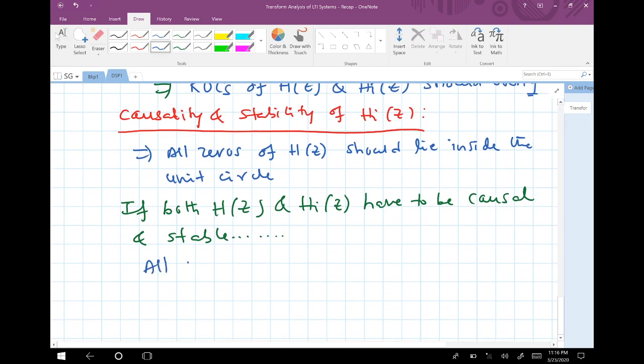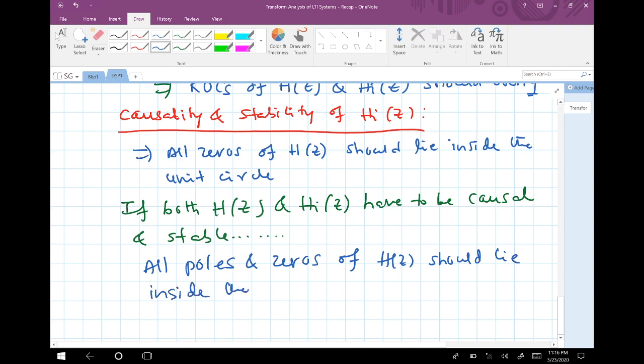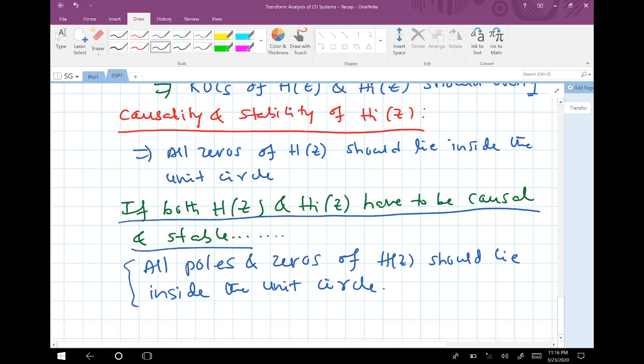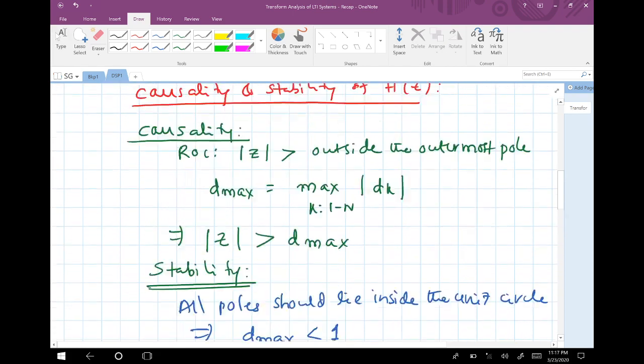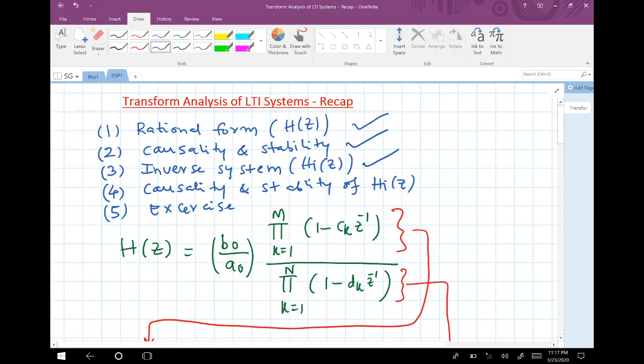So all poles and zeros of H(z) should lie inside the unit circle. That's the condition to be satisfied. If both have to be causal and stable, this is the condition that needs to be satisfied. So that's as far as the causality and stability of inverse systems and of both.